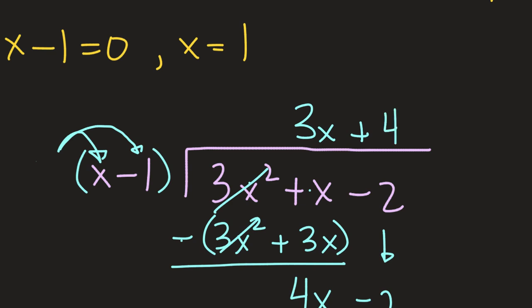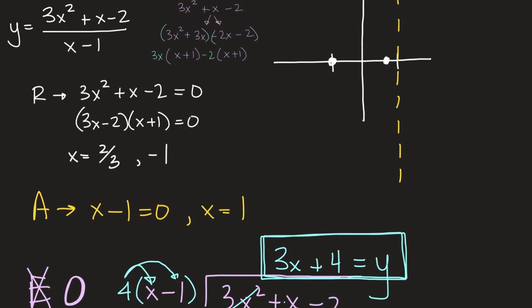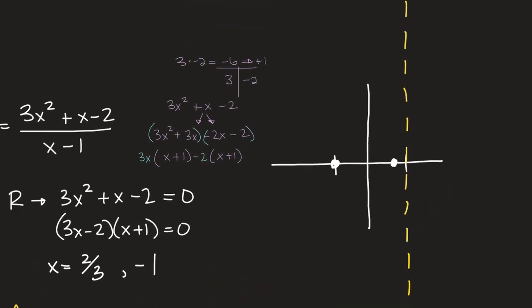Now if we wanted to, we could multiply by 4 and you could figure out what the remainder is. But you know what? We really don't care because we want to have our linear equation. With that plus 4, we have now made our linear equation, and this is going to be your oblique asymptote. So let's take that equation to our graph, 3x plus 4.